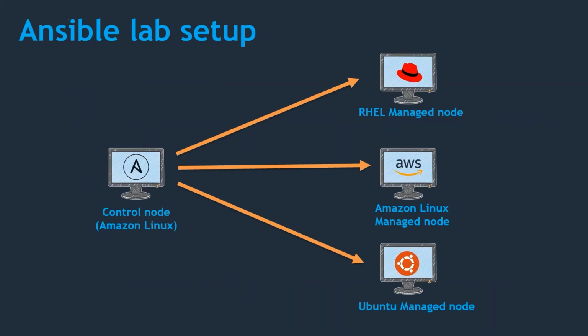Next, Ansible lab setup. This is how we are going to set it up. As I said, Ansible can manage Windows, Linux, or Mac, any OS. But in our case, rather than going with different operating systems, we will go with different flavors of Linux operating systems. That is RHEL, Amazon Linux, and Ubuntu Linux.